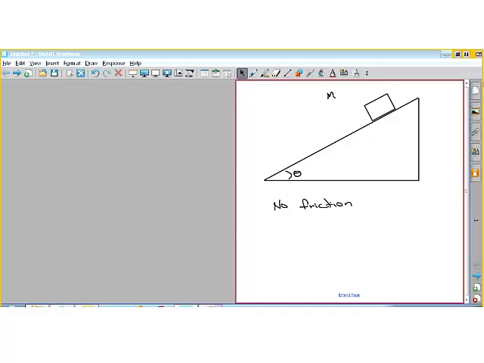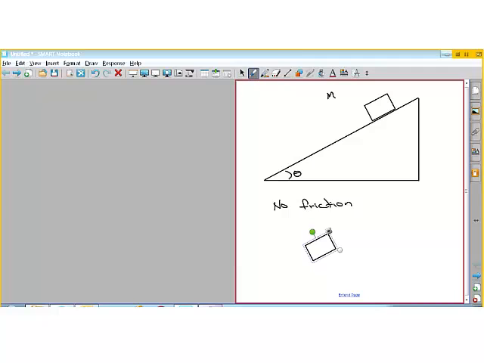Okay, so this is a block sliding down an inclined plane. So if the angle is large enough, well, actually it doesn't matter. There's no friction. It's going to slide down, irrespective. So we take our little block, we bring it down here, and we show the forces acting on it.